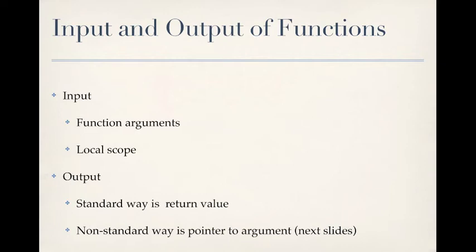So a standard way is of course the return value, and maybe the non-standard way, so to say, is doing pointers to arguments, and this we will check out during the next slides. You know this one, so the non-standard way in C# is writing ref or out, and here we have to use pointers. Good.